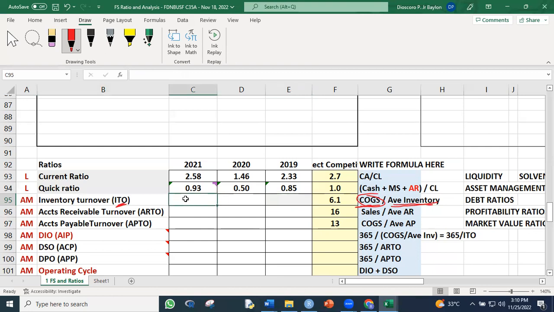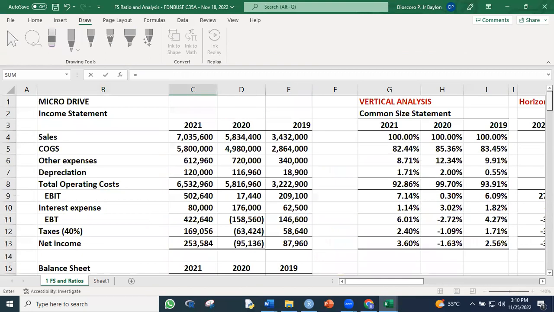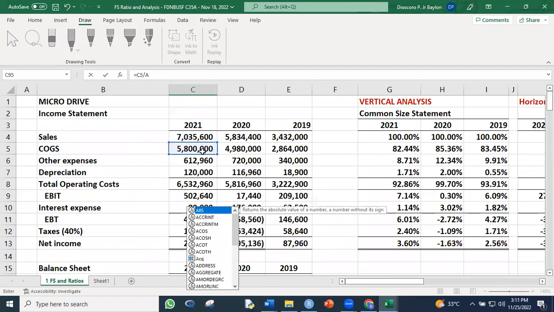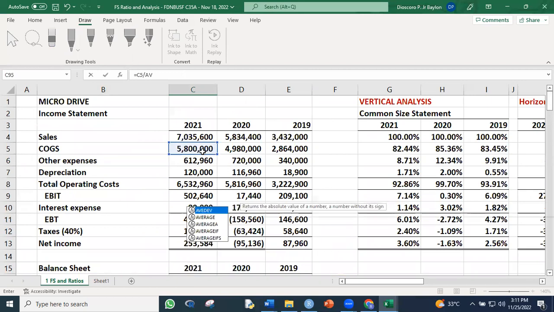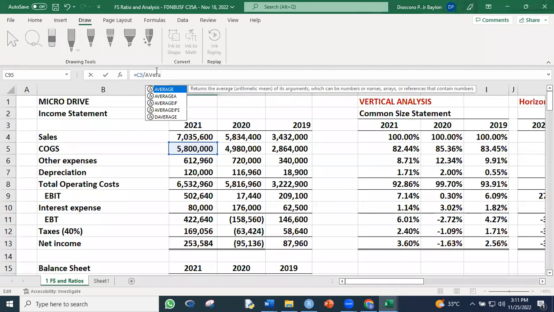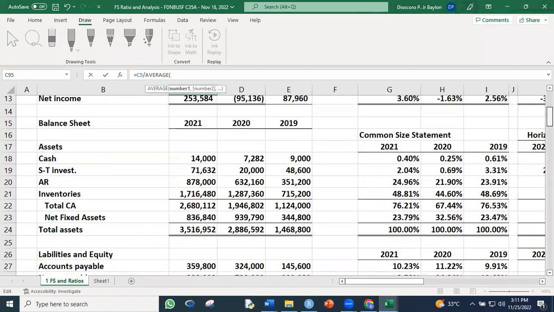Okay, so let's get the formula for this. This is equal to cost of goods sold. So let's copy it from above, divided by, we now have the average of your inventory.